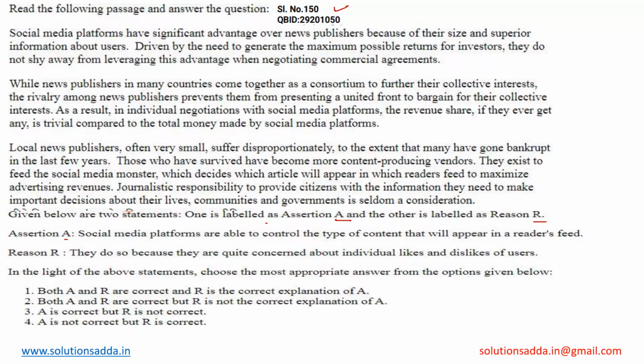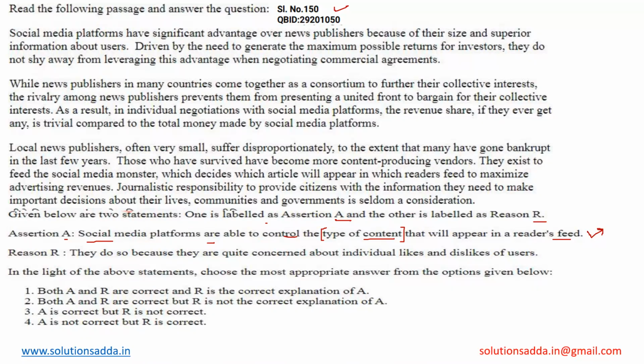Assertion A says that social media platforms are able to control the type of content that will appear in a reader's feed. Yes, it is very true, because social media platforms decide what types of content will appear on the reader's feed according to the interest of the users as well as the type of the content. Nobody can post anything without following the protocols of that particular social media platform.